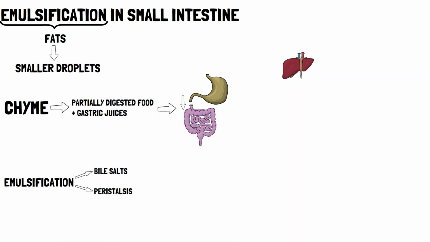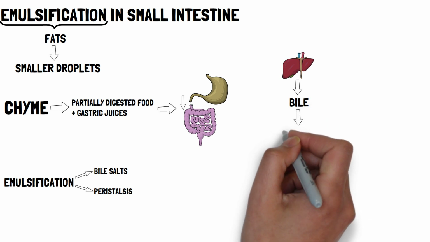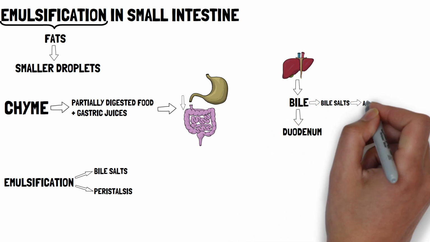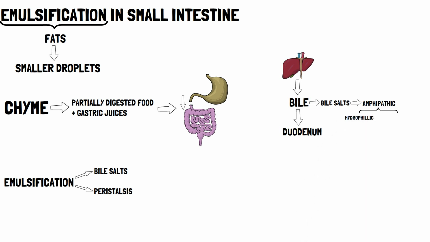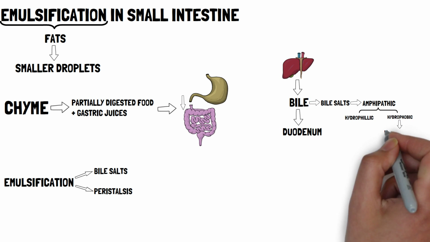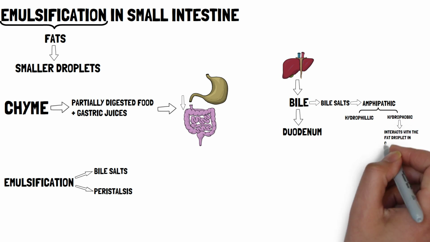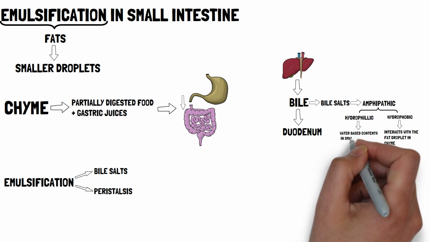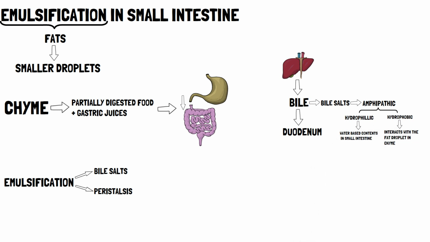The liver produces and secretes bile into the duodenum. Bile contains bile salts, which are amphipathic molecules that have both hydrophilic and hydrophobic regions. The hydrophobic region interacts with the fat droplets in the chyme, while the hydrophilic region faces towards the water-based contents in the small intestine.